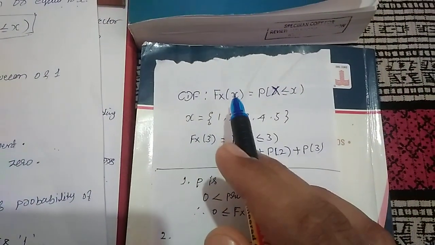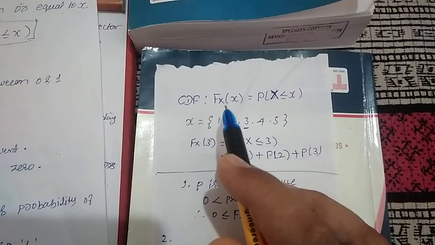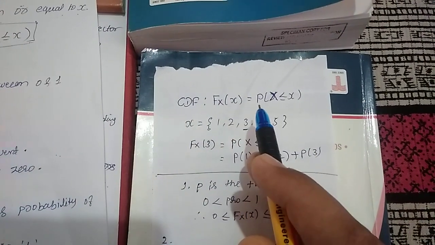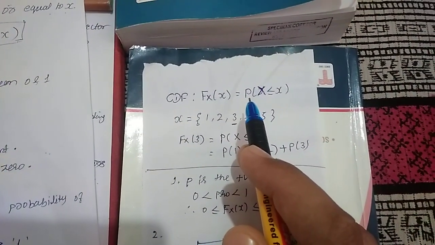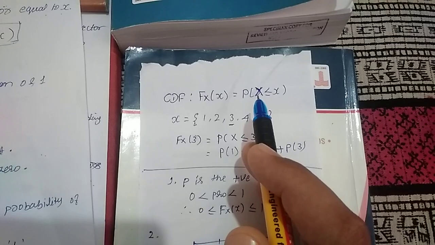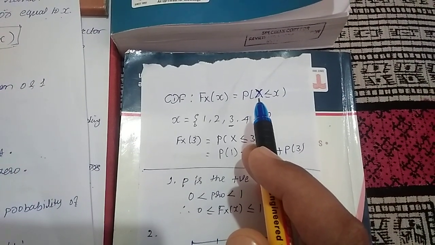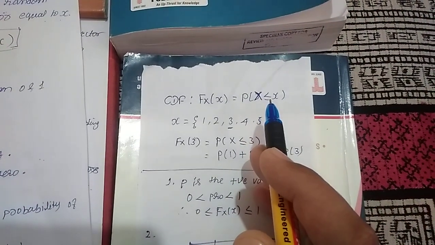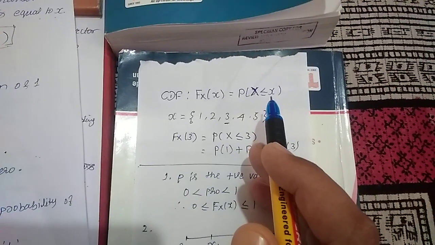According to the definition, F_X(x), the CDF function, is equal to the probability that the random variable X takes a value less than or equal to the event x.